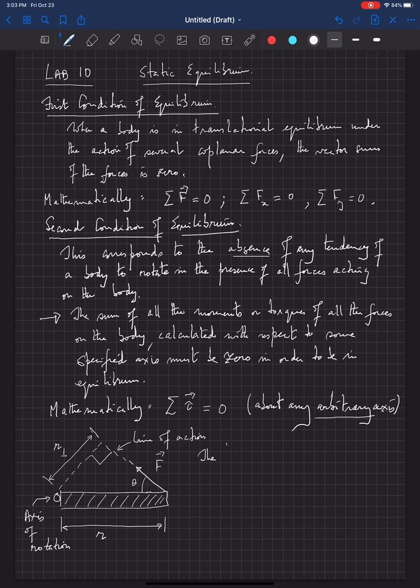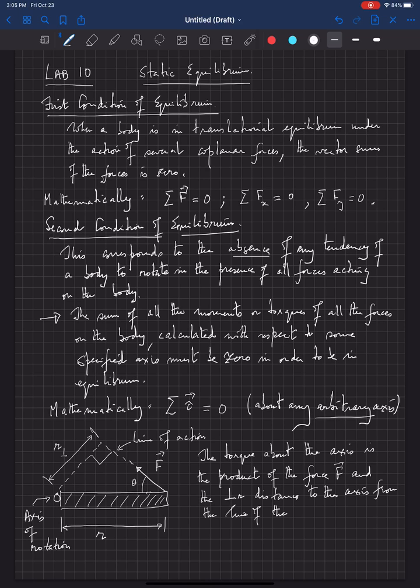The torque about the axis, okay, is the product of the force F and the perpendicular distance to the axis from the line of the force.